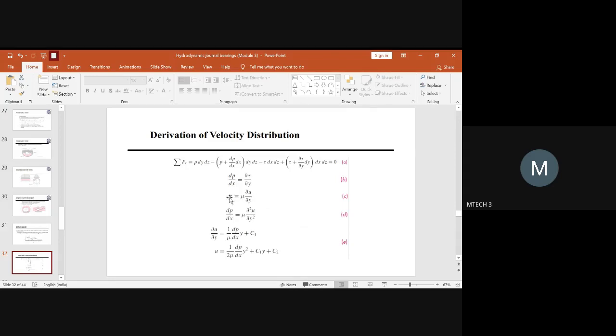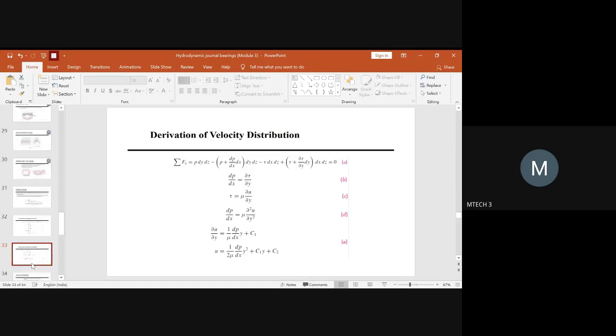Then you substitute the value of tau back into the equation, dp by dx will get changed, and then you start integrating twice, and you will get the value of u, which is the velocity distribution. Okay, so this will be the equation for velocity distribution.